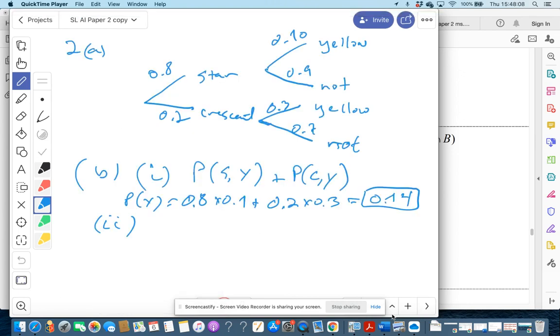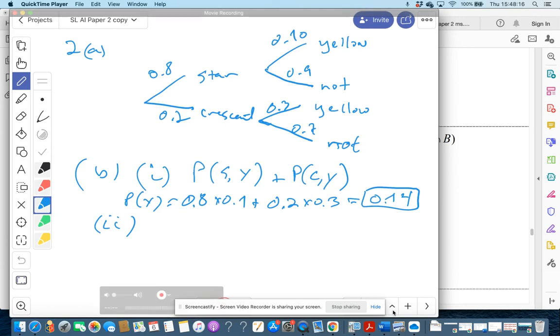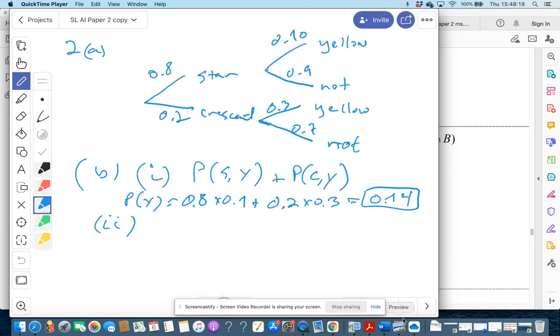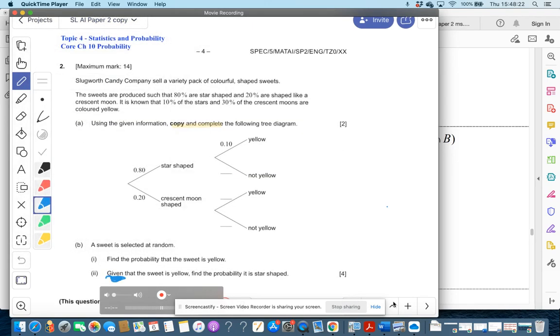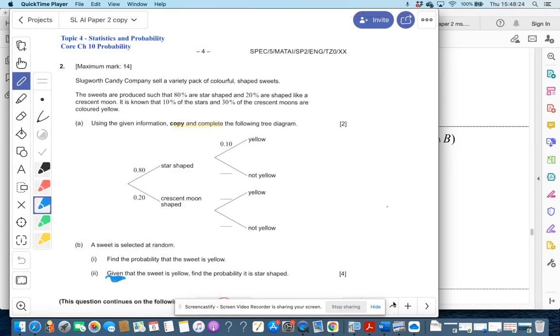Okay, again, I'm going to do the probability, let's get this nomenclature right here. Find the probability it is star-shaped, given that it is yellow.